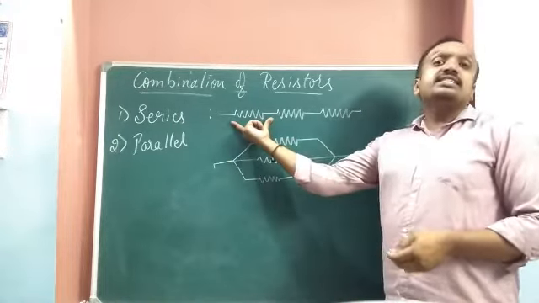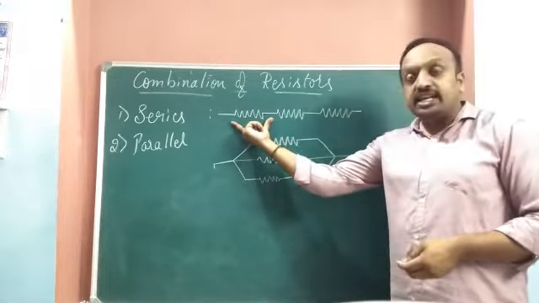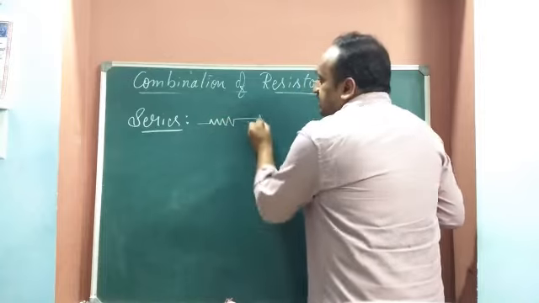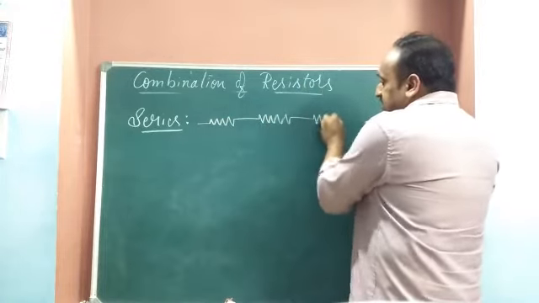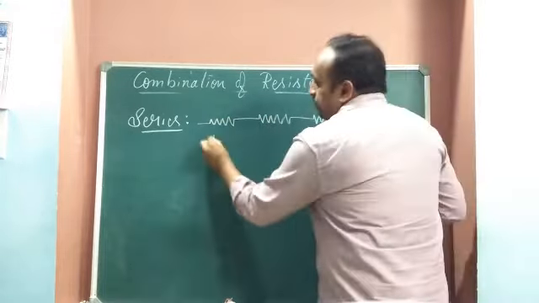Yeah, you can see the difference. The first diagram is representing the series combination. The second one is representing the parallel combination of the resistances. Students, if the resistors are connected in series, the total resistance in the circuit will be equal to the sum of the resistor values. For example, imagine there are 3 resistors connected in series: R1, R2 and R3.